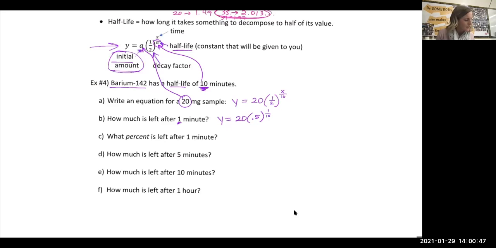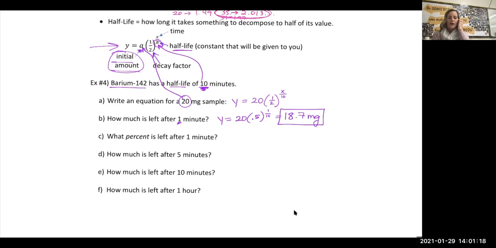So if I plug that into my calculator, I'm going to do 20 times 0.5, and then your little caret key to make your exponent, and then 1 divided by 10. When you hit enter, you should be getting 18.66065 and so on and so forth. So that's 18.7 if we round to the nearest 10th milligrams.